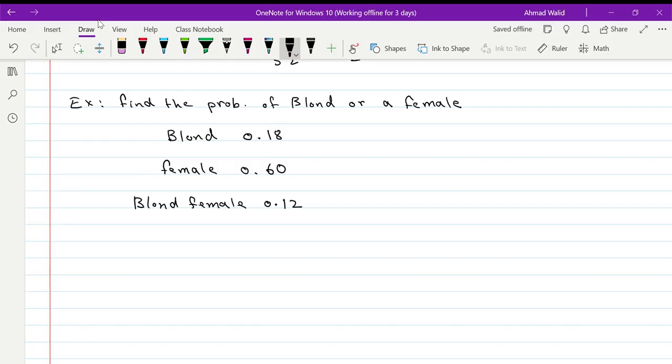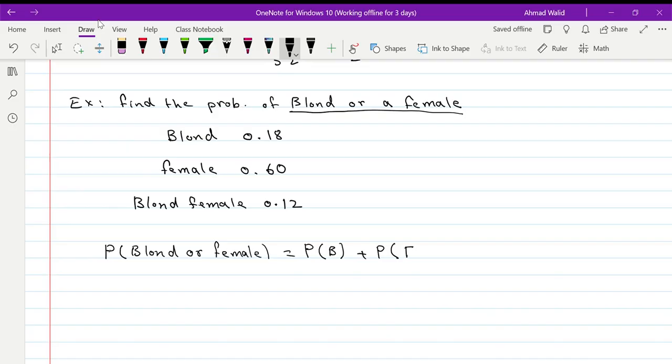Now, looking at the probability, you can write probability of what? You just copy this inside the parentheses: blonde or female equals probability of, I'll use B for blonde to make it smaller, plus probability of female, I'll use F for it, minus probability of blonde and female.